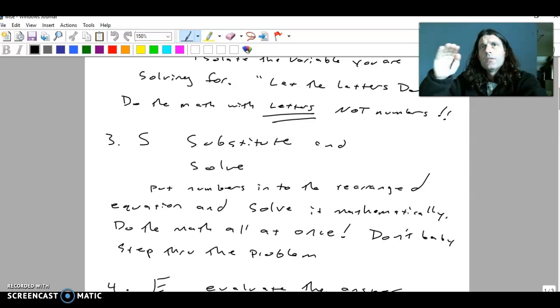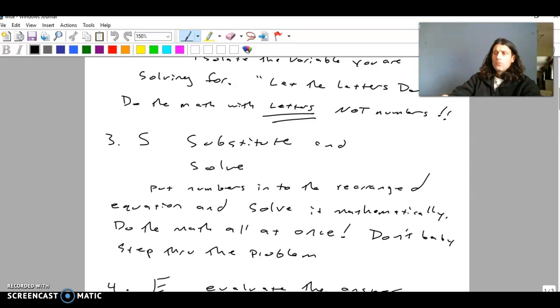You substituted, then go ahead and solve it, which means use the magic box, push some buttons, do what you got to do to just do the math. So substitute and solve. Put numbers into the rearranged equation. Do the math all at once, okay? That's another skill I'm going to really harp on you.